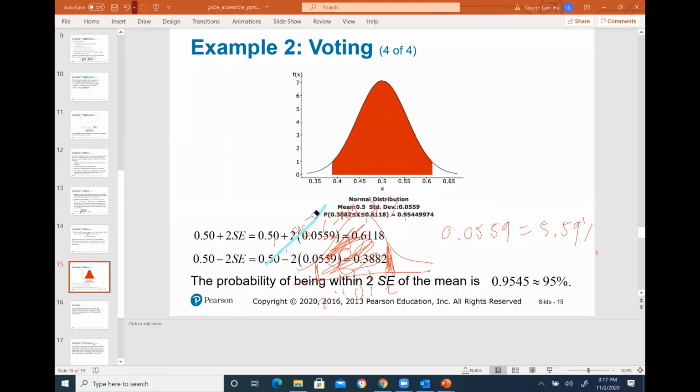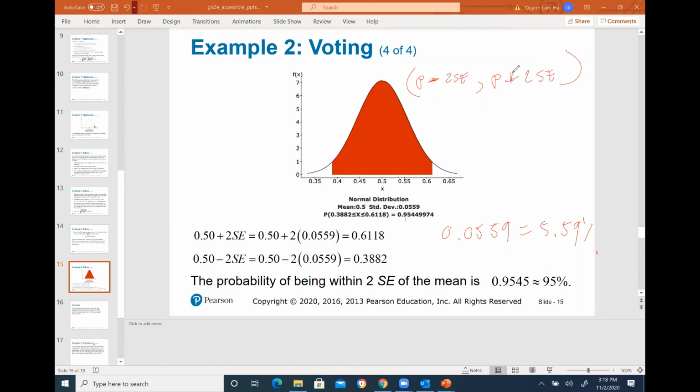Let me erase this and give it to you. So the confidence interval is p minus 2se, comma, p plus 2se.